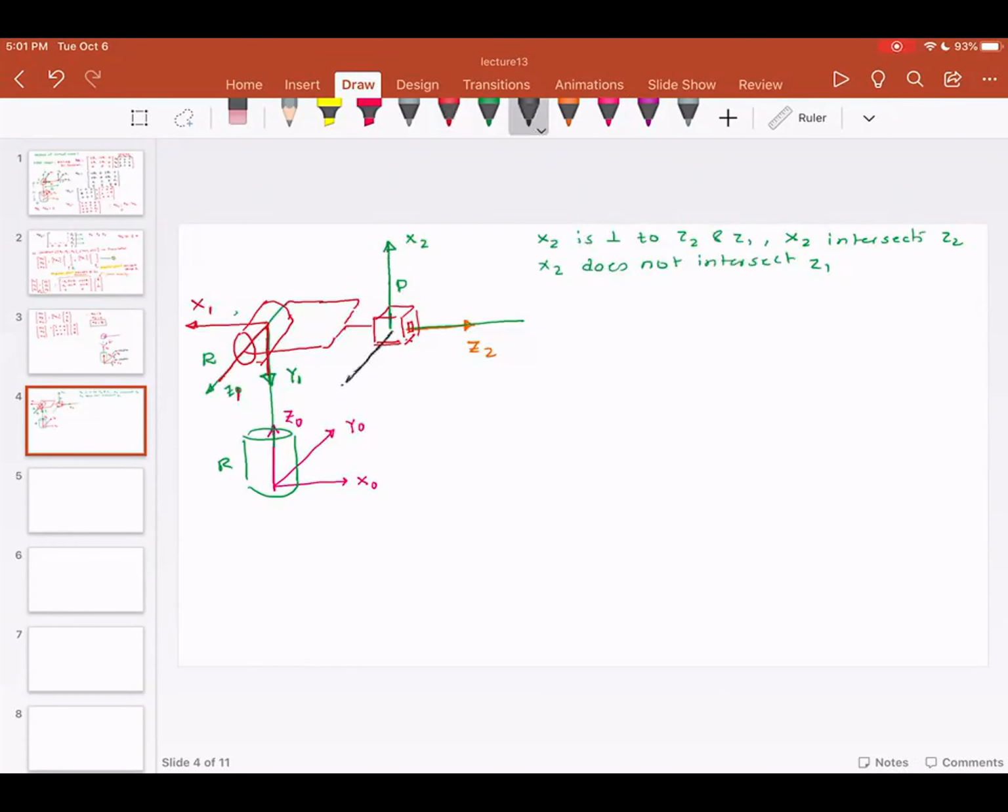So this is my Y2. Okay, and then the last but not least, this is going to be my end effector frame. This is going to be Y3, X3, and Z3. Okay, are we good with the coordinate system?